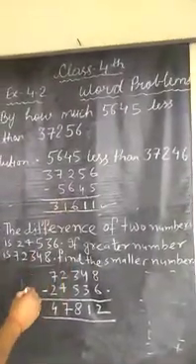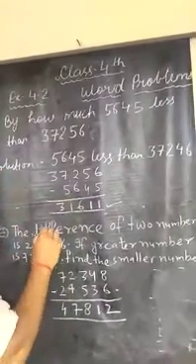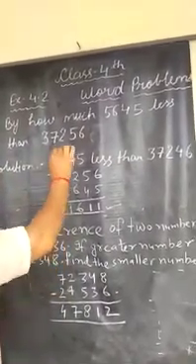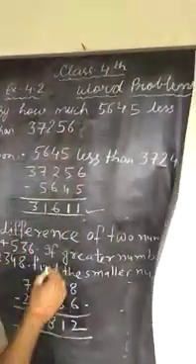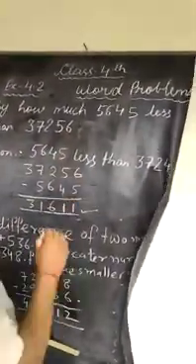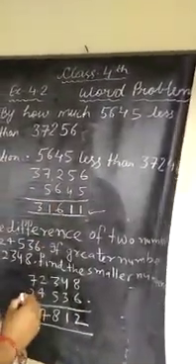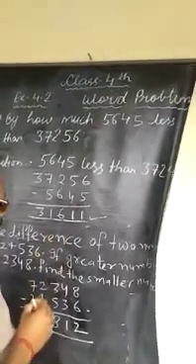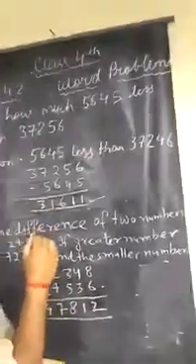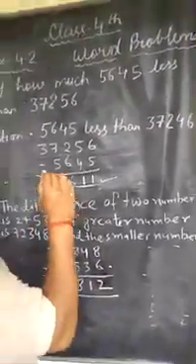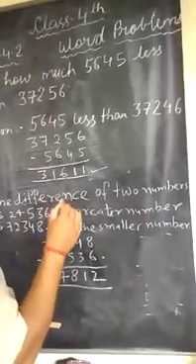There are many types of word problems. In word problems, first we read the question carefully. Why do we say this type is a word problem? Because in this question, first we try to understand how to solve it, whether to add, subtract, multiply, or divide.